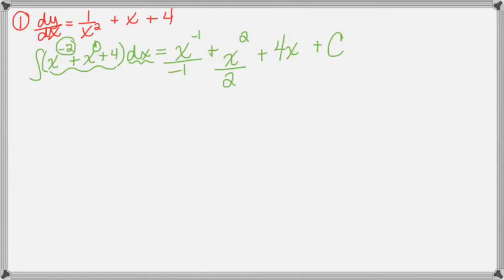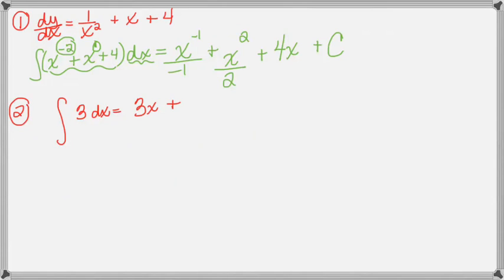So let me give you another example. The antiderivative of 3 dx would be, since x was deleted when I took the derivative, 3x plus c.